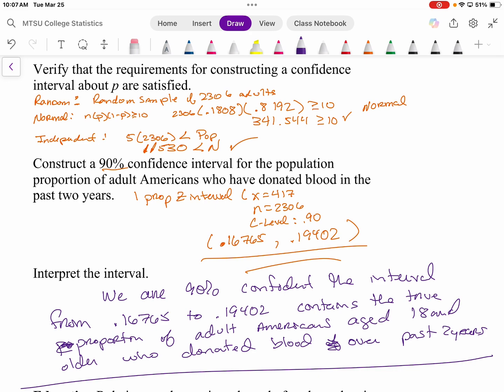On the ninth. What day is the 9th? Is it Friday? Give me a second. 2025 AP exam schedule. Alright, here we go. Here's what we got on the 9th. Are you in Italian language?